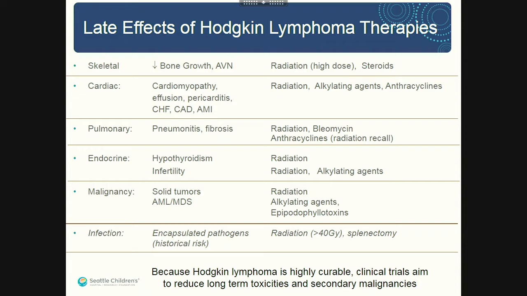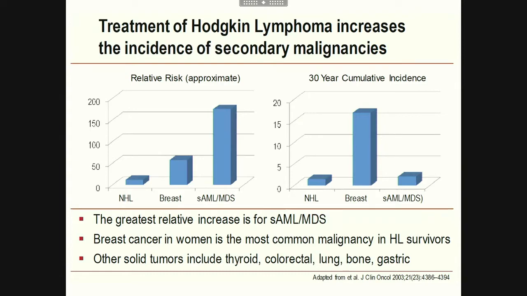This is more just about the long-term toxicities, which I think I've already hit home. But I think this is an interesting slide that talks about your increased risk for second malignancies after Hodgkin's therapy. So this first slide is your relative increased risk. You have an increased risk for non-Hodgkin's lymphoma, breast cancers, and secondary AML.